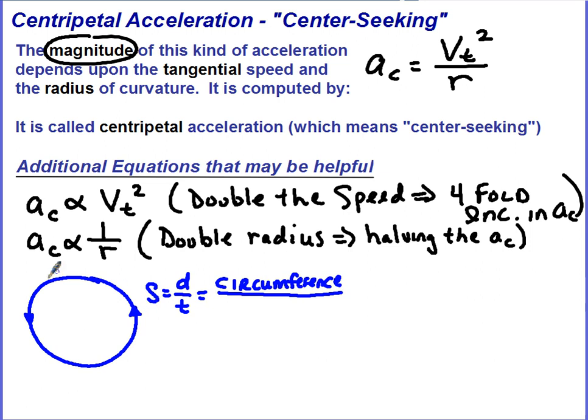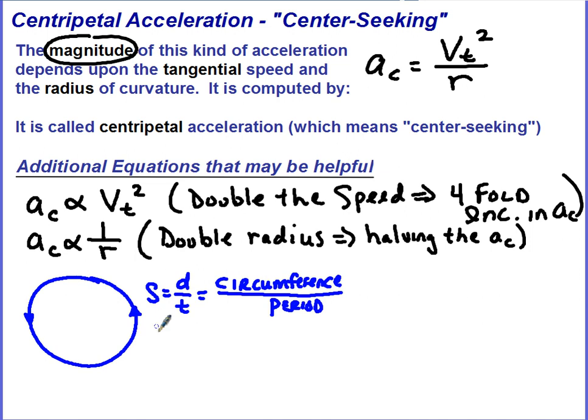And that time, I'm going to use a special time called the period. So the period of that rotation. Period is the amount of time to complete one cycle. So in one cycle, we travel a circumference of distance. That period would be the time it takes to do that.